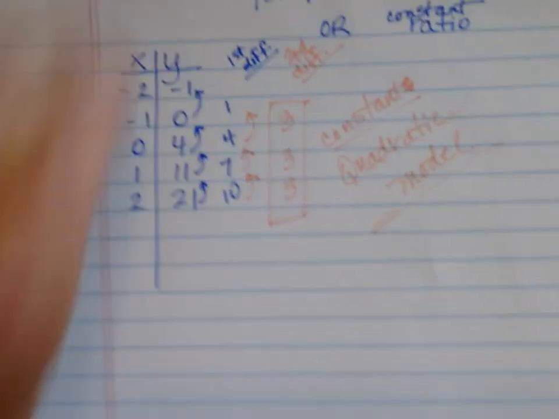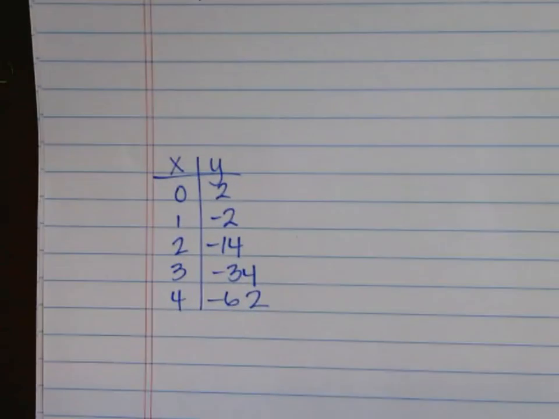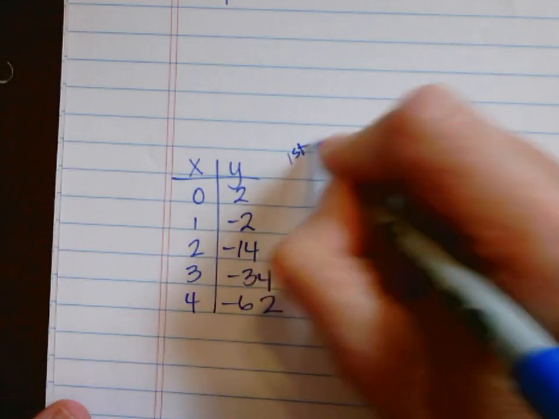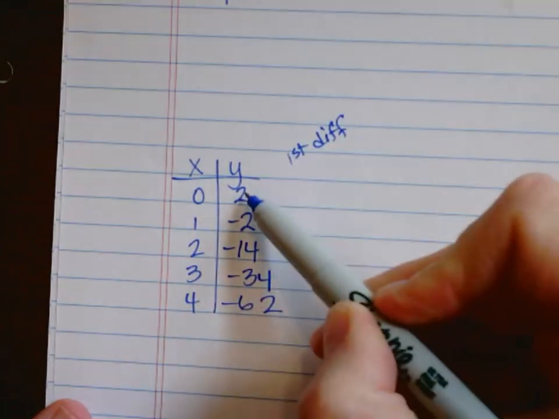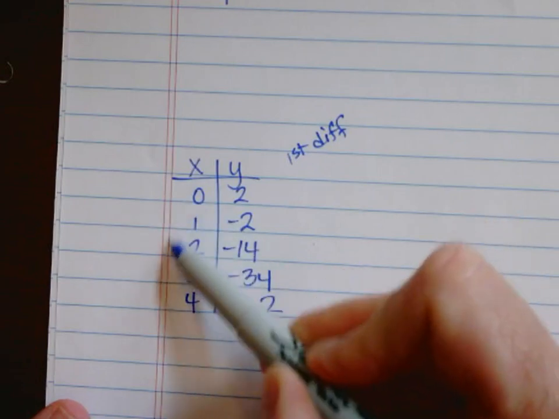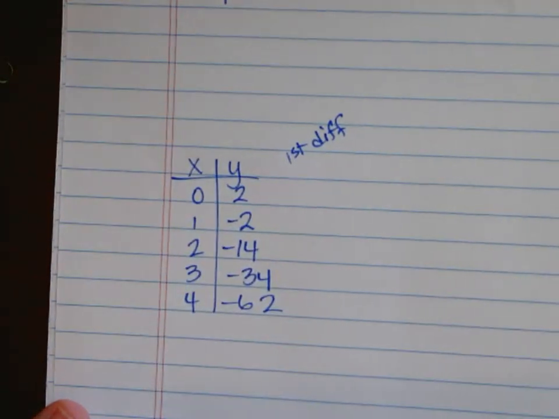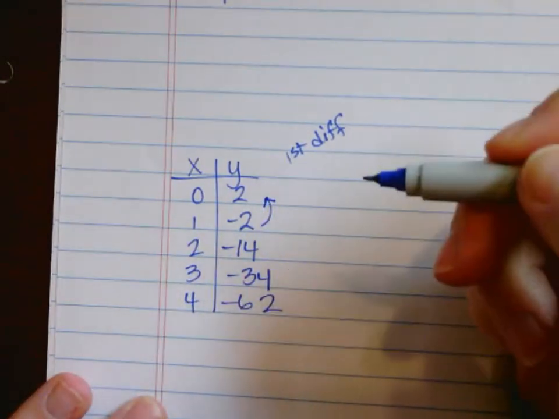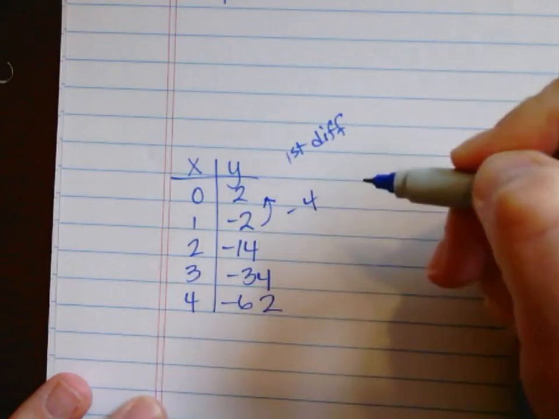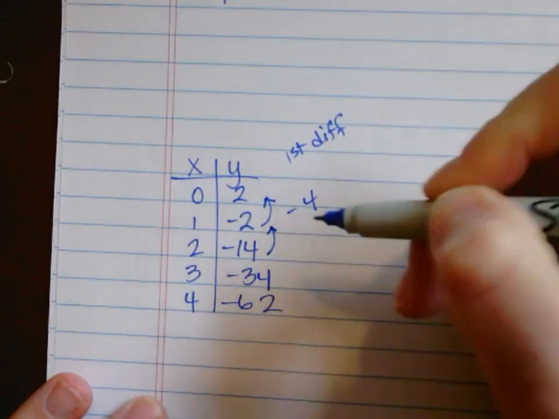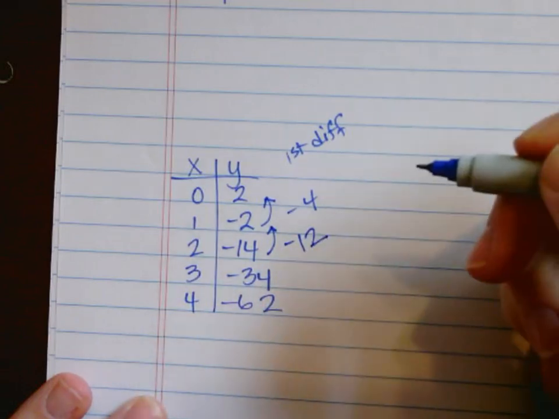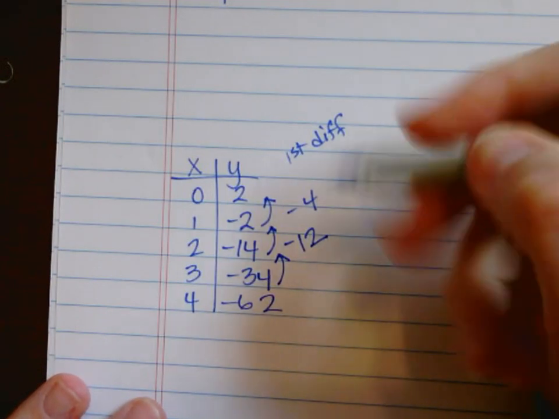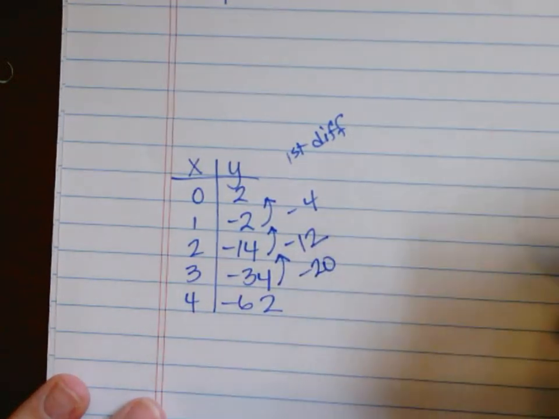Let's try another example. It's another set of data. Again, I can look at the first difference of the y values because my x's are going up by a constant pattern of 1, 1, 1, 1. So -2 minus 2 is -4. -14 minus -2 is -12. -34 minus -14 is -20.